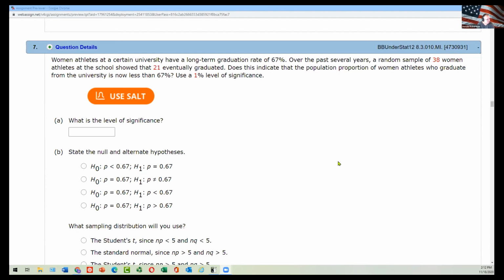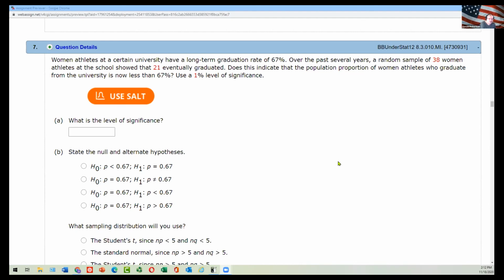Now, over the past several years, in a random sample of 38 women athletes at the school, 21 eventually graduated. Does this indicate that the population proportion of athletes who graduate from the university is now less than 67%? So it used to be 67%, and you're thinking it might have changed. So you go out there and get a sample and see what's going on. I'm going to have to write down all the key numbers here. 21 out of 38, which I better turn into a decimal, is not good.